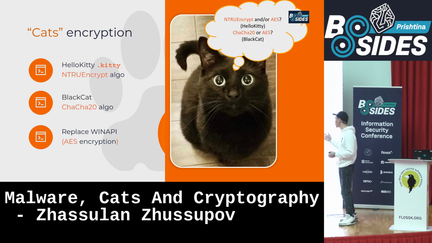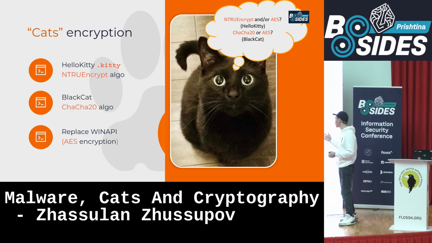Encryption. In the case of Hello Kitty, they use the NTRUEncrypt algorithm. It's just the name of a library from GitHub. They used this strange library with various encryption algorithms and encryption reimplementations in C and assembly, of course.